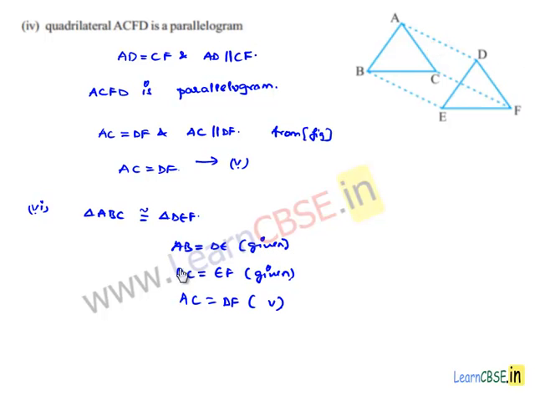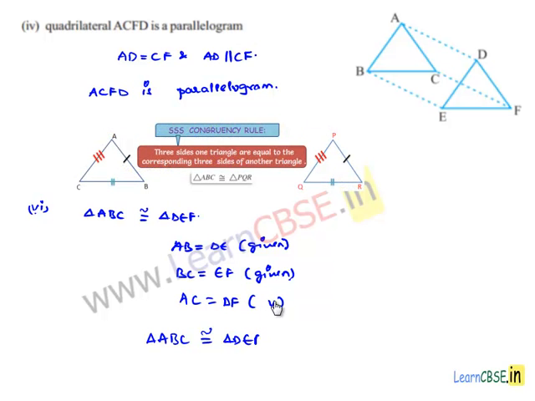So here, as three sides correspondingly in both the triangles ABC and DEF are equal, we can say triangle ABC is congruent to triangle DEF. This is what our proof required.